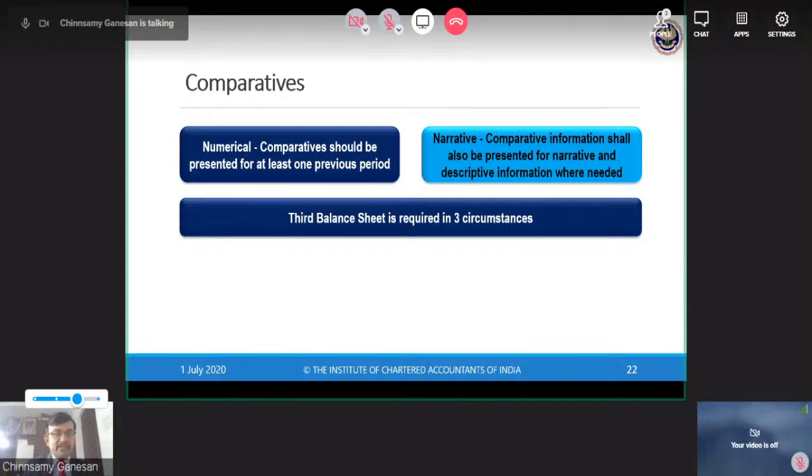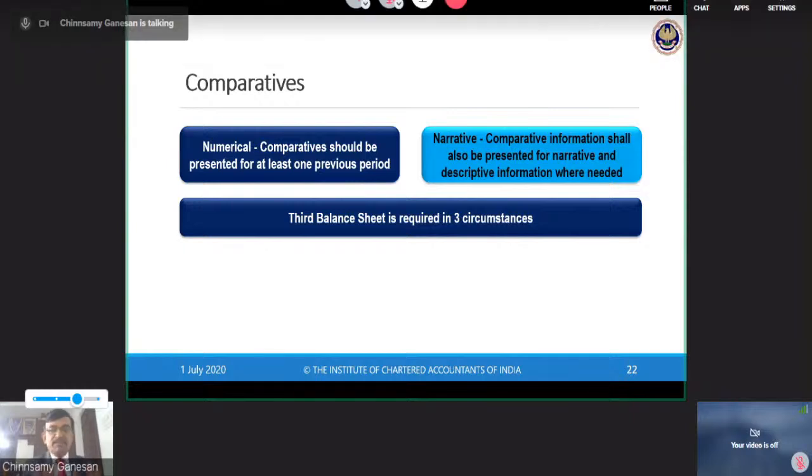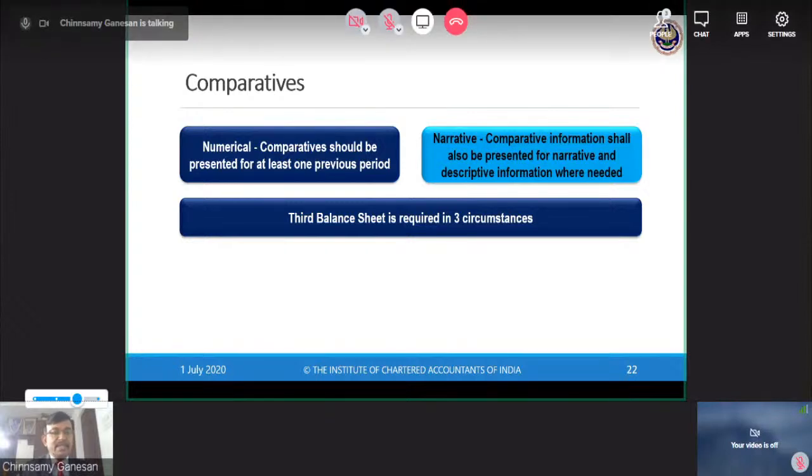In all other cases, it's a comparative which the management decided to give. 1 year comparative is at least required. So if the management wanted to give 1 more year's comparative, management is permitted to do it. In that case, that is not coming under the third balance sheet criteria. When they are giving the comparative, they are giving it on their own discretion. Whereas here, it is a mandatory requirement that an entity should present a third balance sheet.